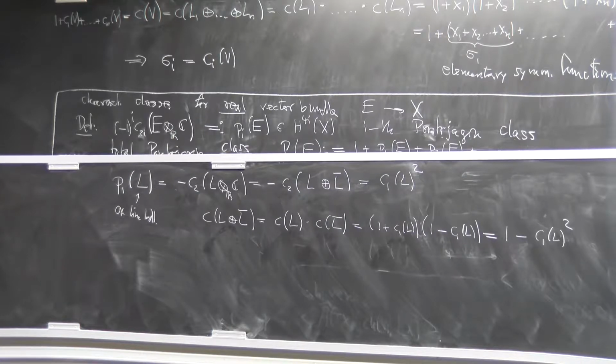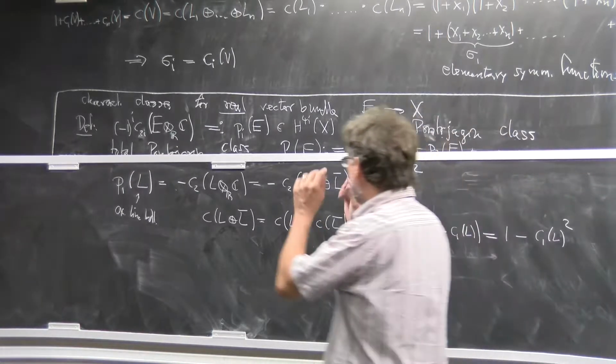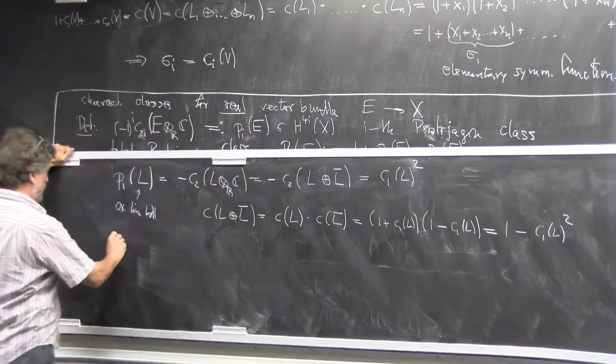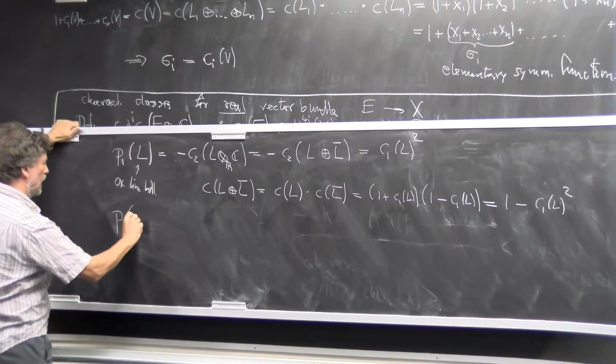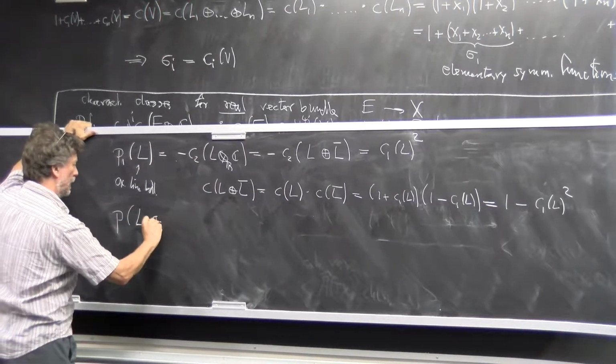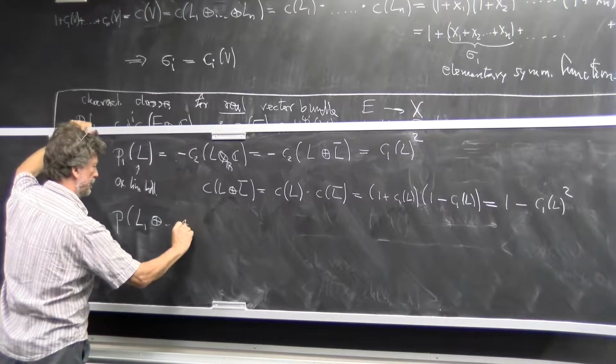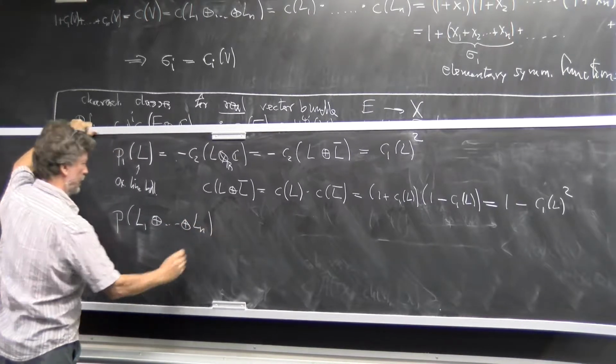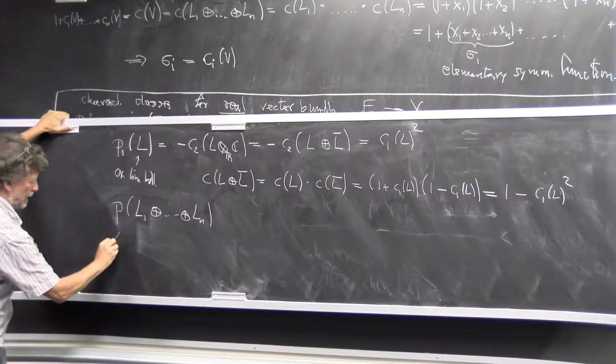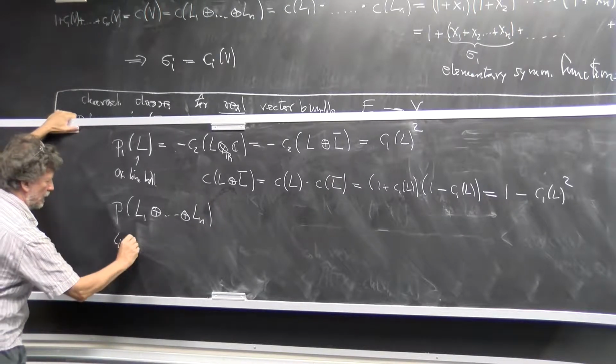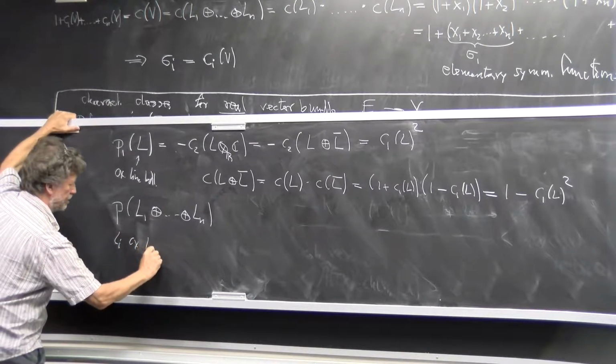Now I want to again look at what is the total Pontryagin class of a sum of complex line bundles. So the Li are complex line bundles.